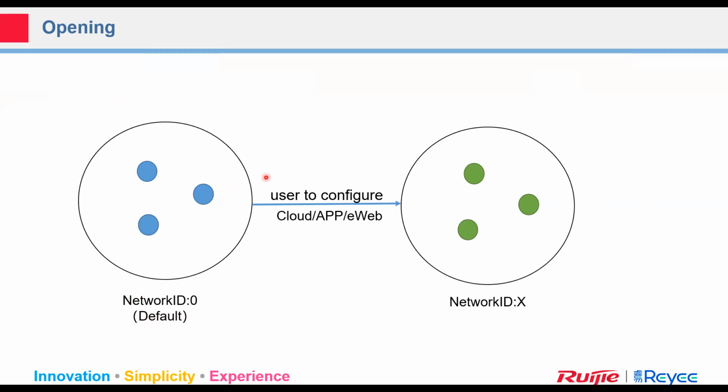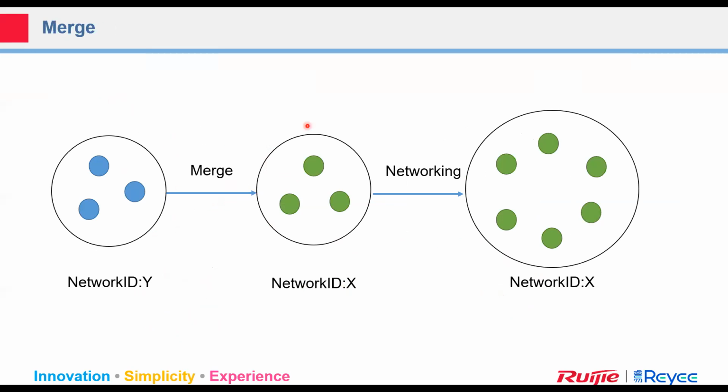Once the user configures all the basic setup, you will get a network ID X. This is a new network ID X. A new network device comes in with network ID Y. It will send a merge request to network ID X. Once it receives it, it will merge the two and become network ID X, a new SON.